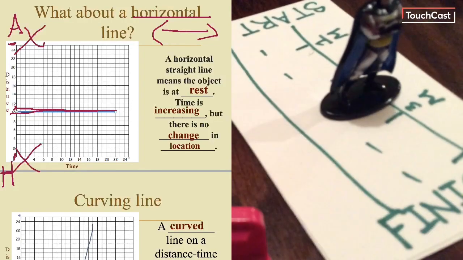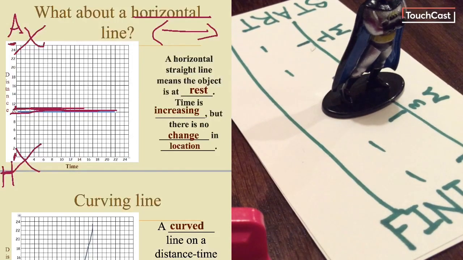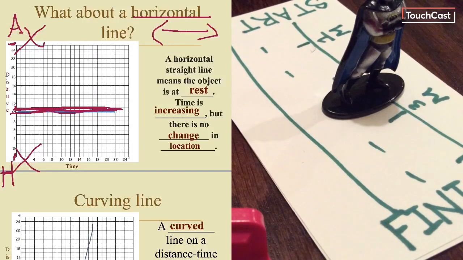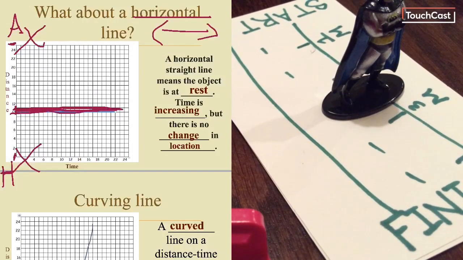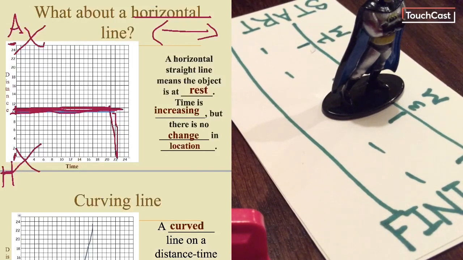He's somewhere in the middle. And what is he doing over time? He is standing there the entire time. Batman has not moved. So for this entire 22 seconds, Batman is standing at 10 or so meters.